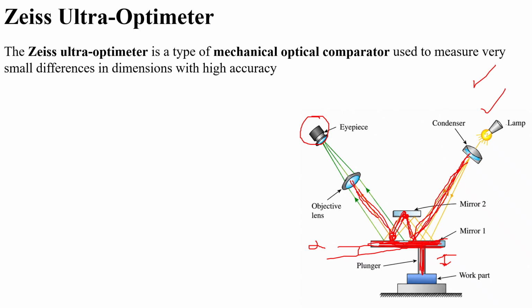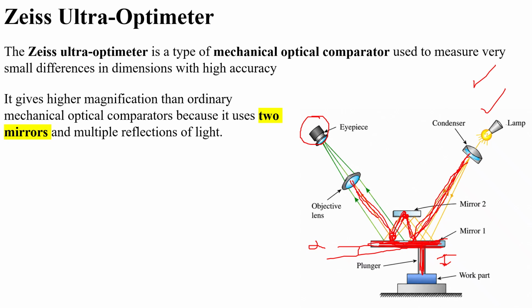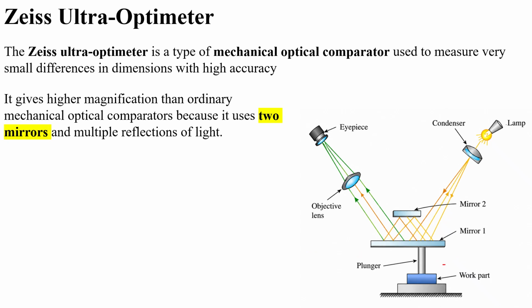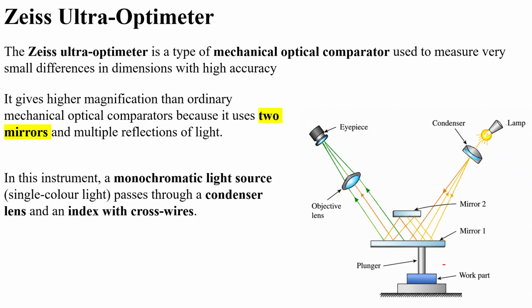Okay, let's see the brief details of this Zeiss ultra optimeter. It gives higher magnification than ordinary mechanical optical comparators because it uses two mirrors and multiple reflections of the light. In this instrument, a monochromatic light source passes through a condenser lens and an index with crosswires.